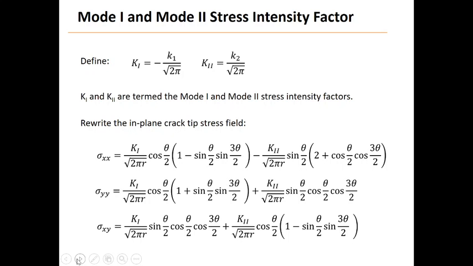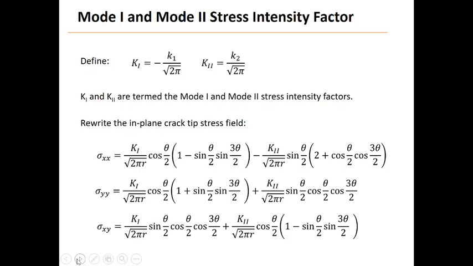So basically, we have different expressions for mode 1 and mode 2. We can decompose them into different contributions from the total crack tip stress field expressions.